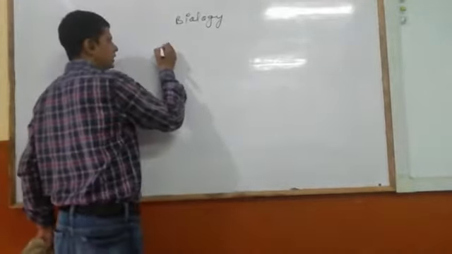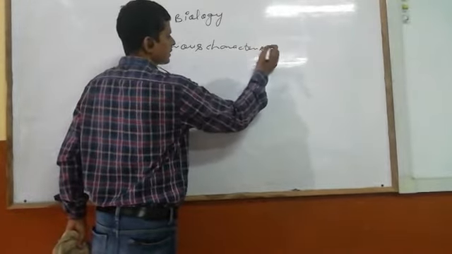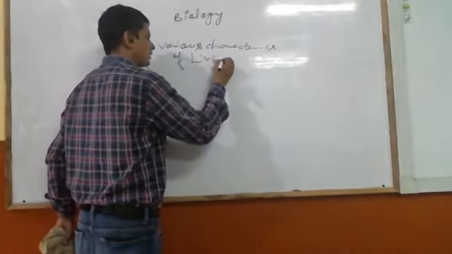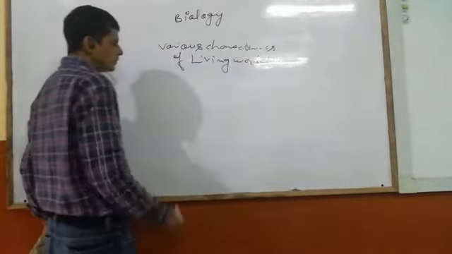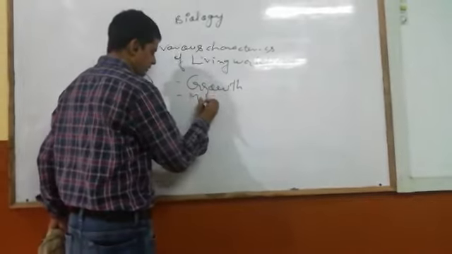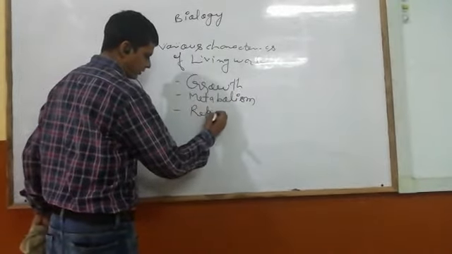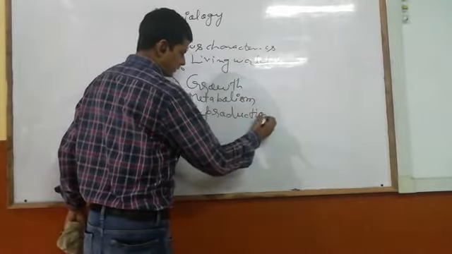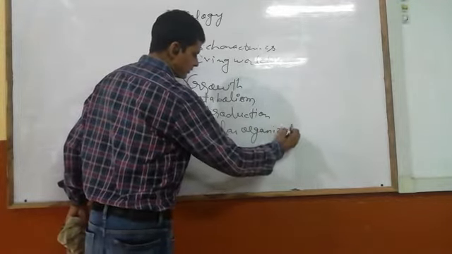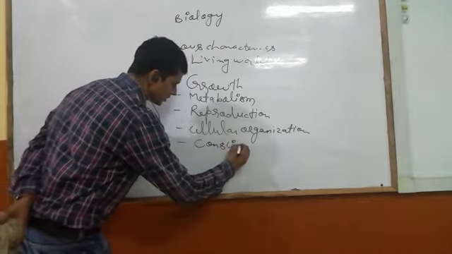Various characteristics of the living world: first growth, then metabolism, then reproduction, then cellular organization, then consciousness.